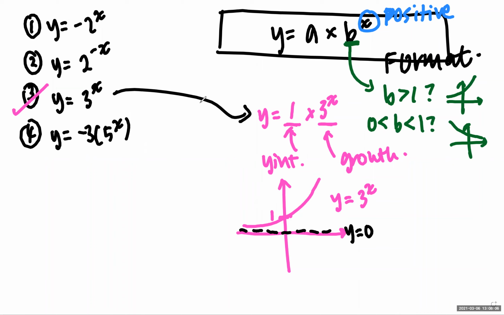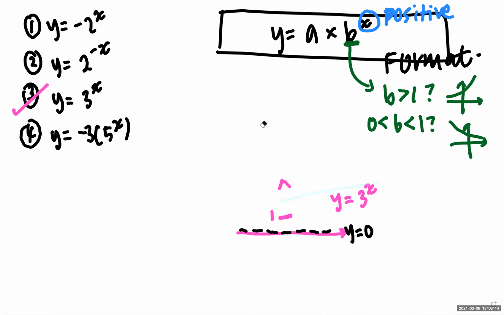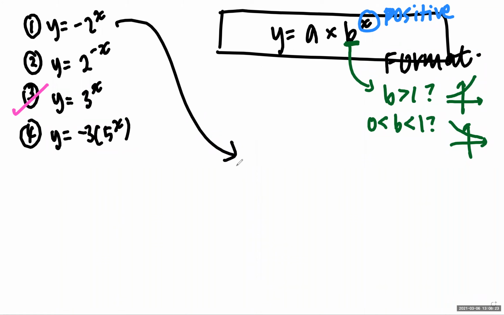It's number 1, okay? So let's do number 1. For number 1 right now, I need to make it in the form of y is equal to something times something. So anybody know what it is now? 1 times what? 1 times negative.